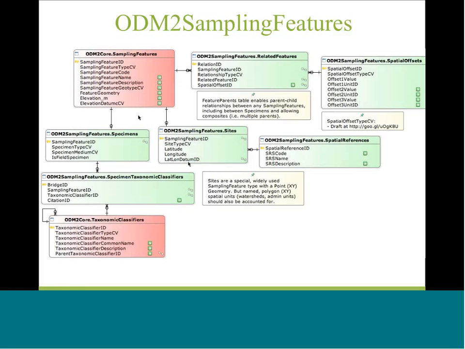There are multiple different types of sampling features, and we have added this class object concept very explicitly here by saying that a sampling feature can have many types, and two types that are quite important and have additional information that's required for them are specimens and sites. Specimens is the term that's been used by the Open Geospatial Consortium to be very specific about ex situ sampling features, things that you take out of the environment that you bring into the lab.